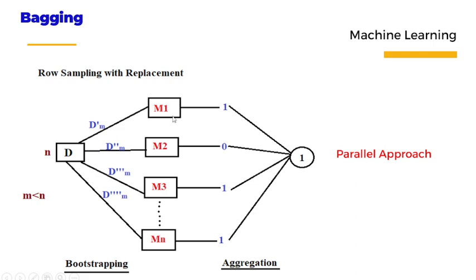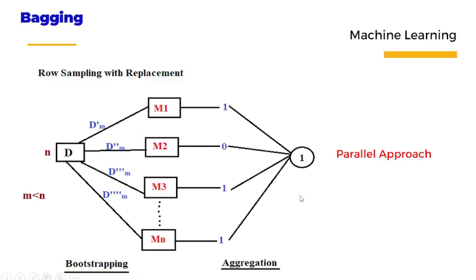After the models are trained, suppose from my test data set I give new data and try to predict the result. Here we have considered a binary classification problem. The first model gives me the result 1, the second gives 0, the third gives 1, and similarly the other models give their predictions.